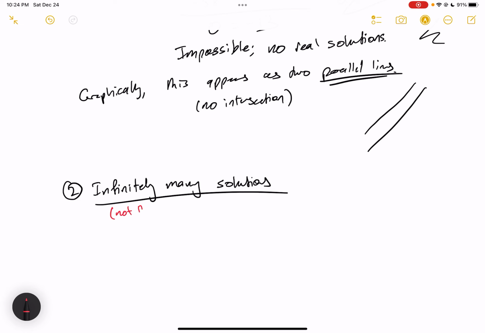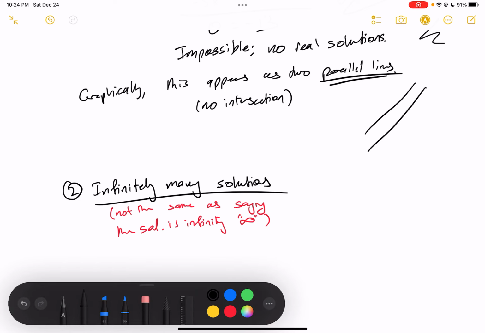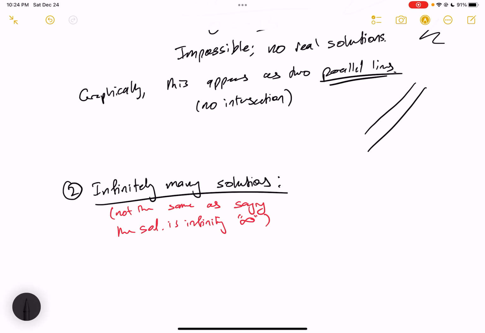It is not the same as saying the solution is infinity. Keep in mind that infinity isn't really a number, so to say. It's more so a concept to help us understand a really big number.